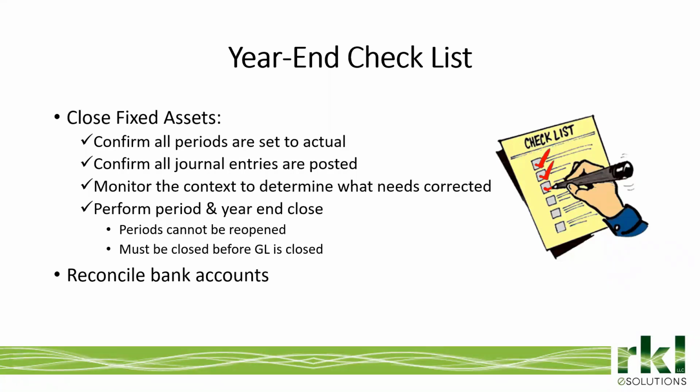You'll want to check the context monitor and make sure that it's green rather than red, because if it is red, that indicates that there's an issue that would need to be addressed. An example of that would be, if you disposed of an asset and didn't post that entry, you'd need to do that before you'd be able to move forward.